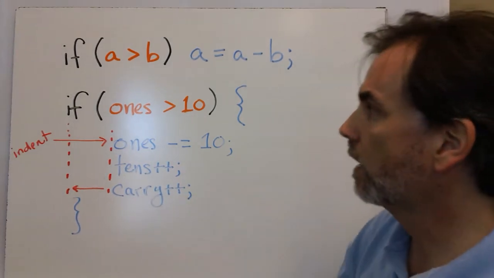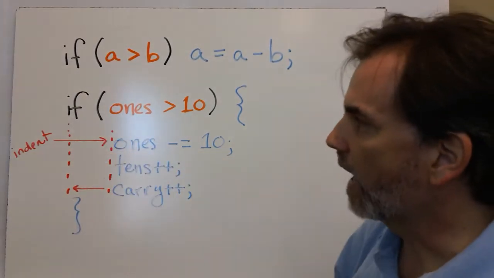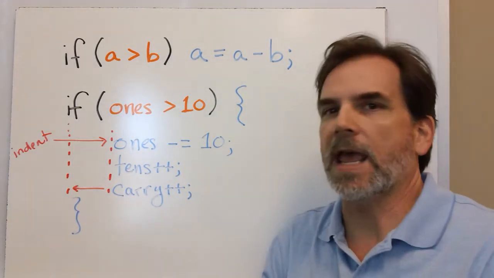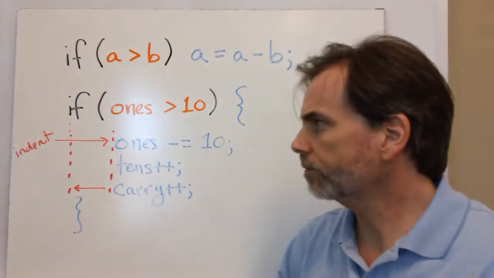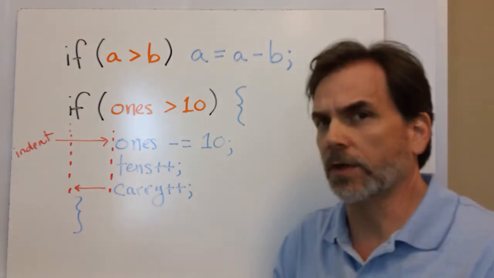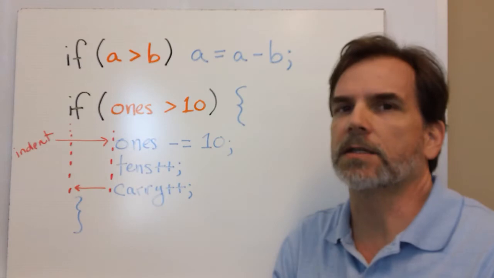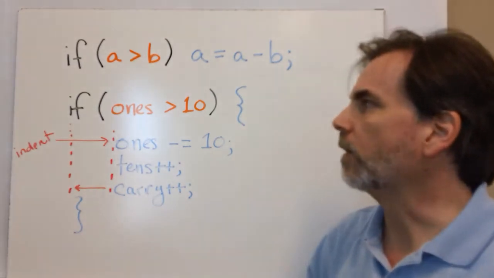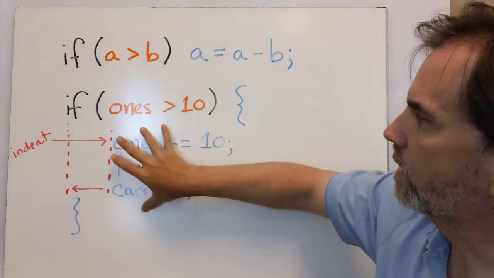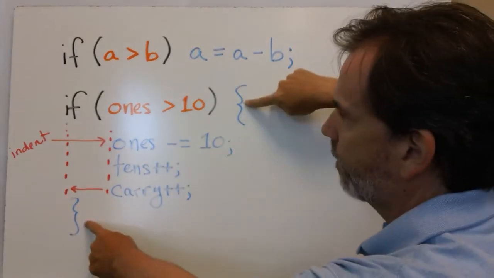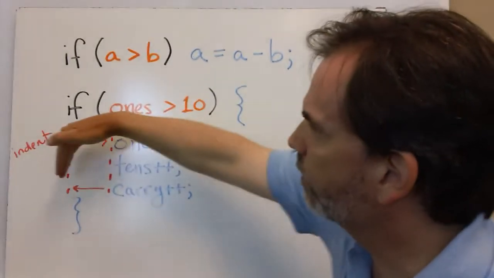Now, when we're writing code, C doesn't really care about line feeds or tabs or spaces. But when we're writing code so that we can read it and so that other people can read it, there are certain conventions that we follow. One is that the statements inside an if statement, inside this compound statement here, should be indented.